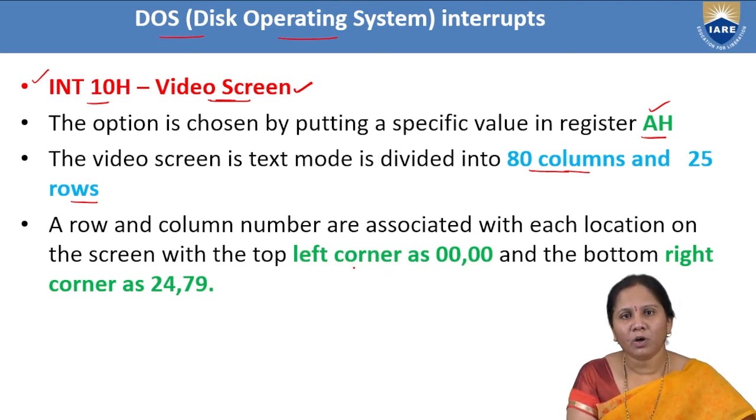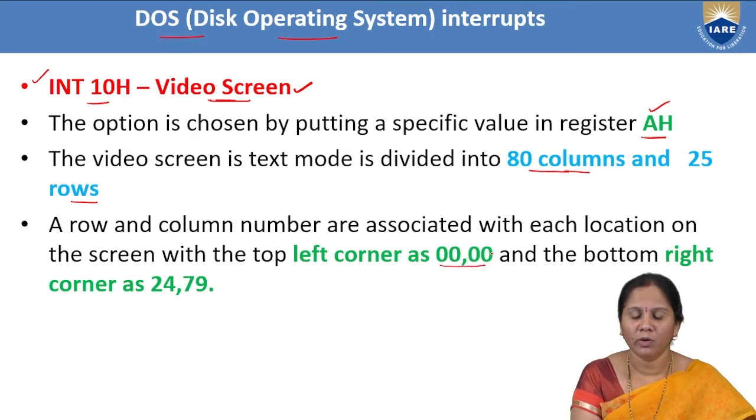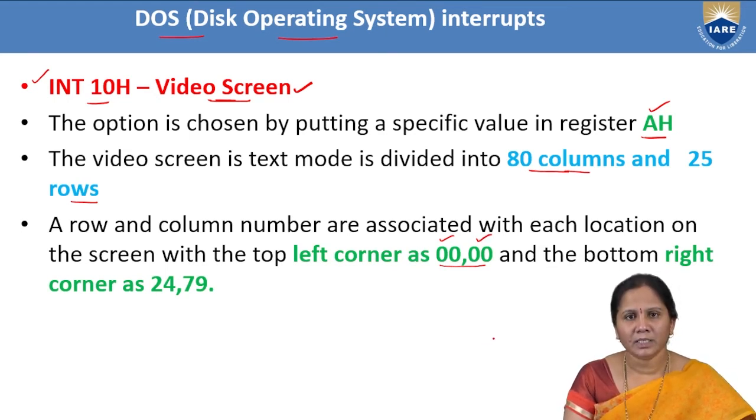The top left corner is the starting corner of the screen, which has the value 0, 0. One value is related to the row, and the other value is related to the column.